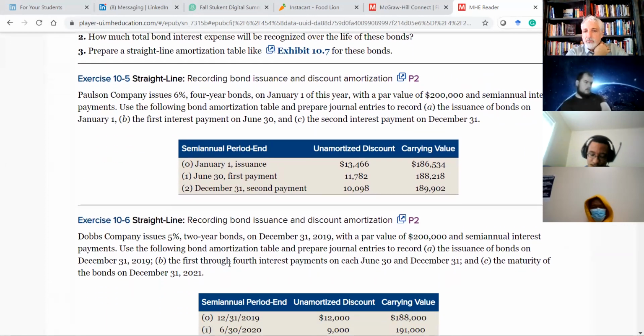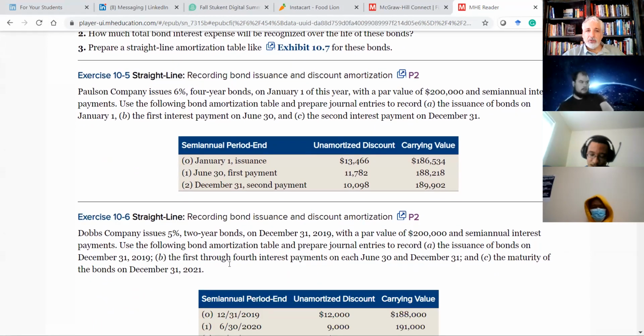So we got straight line, 6%, 4-year bonds, par value 200, semi-annual interest. Use the bond amortization table, prepare journal entry to record the issuance of bonds, first interest payment June 30, and second interest payment. So the question here is, what's the price of the bond?